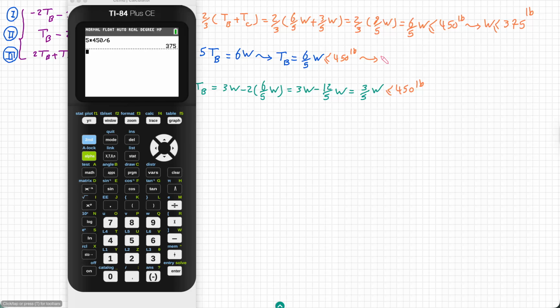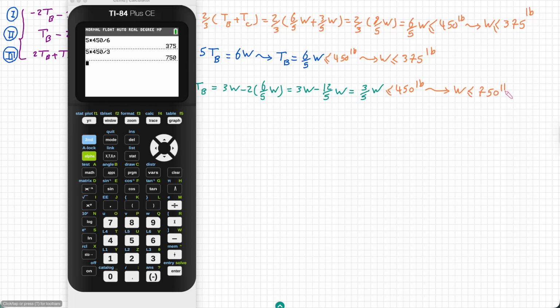And if I solve the inequality for the next one, we get exactly the same, 375 pounds, because these are the same. And if I work on this one to simplify for W, I get 5 times 450 divided by 3.